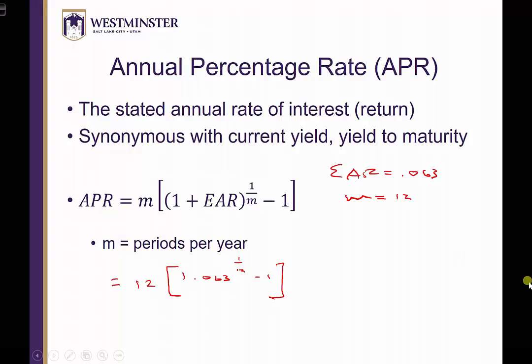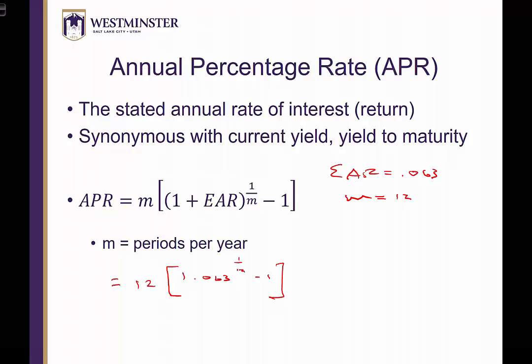Well, we need to calculate this out for ourselves then. So what is 1.063 to the 1 over 12? We probably first want to identify what 1 over 12 is, because that's the 12th root. So 1 divided by 12 is equal to 0.08333. I'm going to store that value in my calculator storage function so I can go ahead and use it.